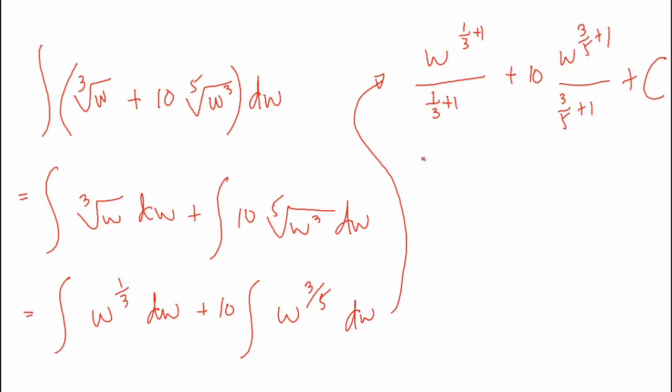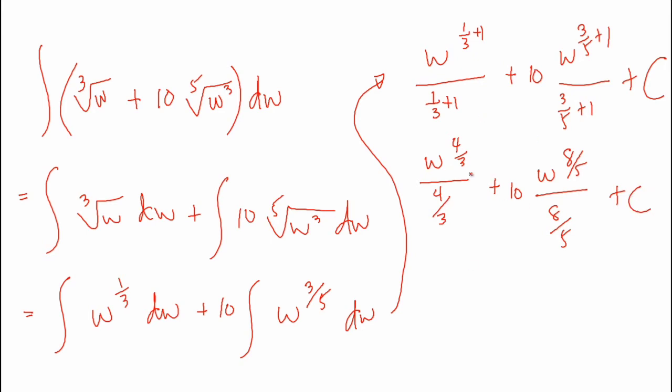So that's w to 4/3 over 4/3, because 1/3 plus 1 is 4/3, plus 10 times w to 3/5 plus 1, that's 5 plus 3, 8 over 5, over 8 over 5, plus C.